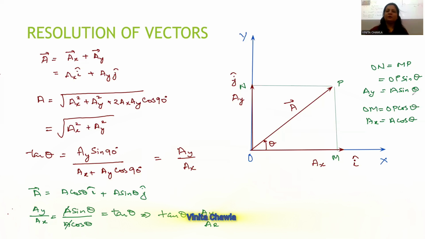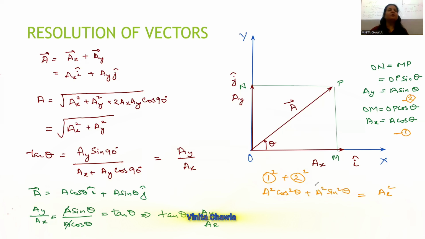Also, if we let this be 1 and this be 2, 1 square plus 2 square gives, first take the square, it's A square cos square theta is equal to Ax square हो जाएगा, है ना? And here we have A square sin square theta.